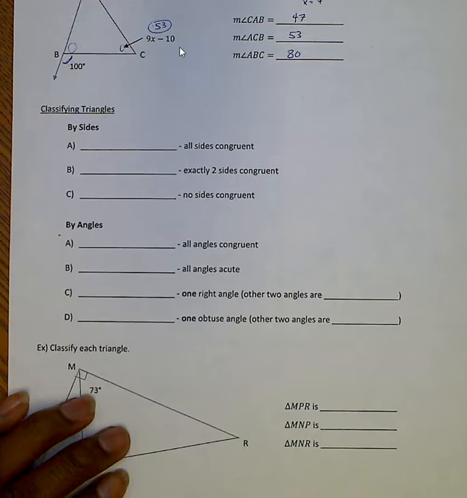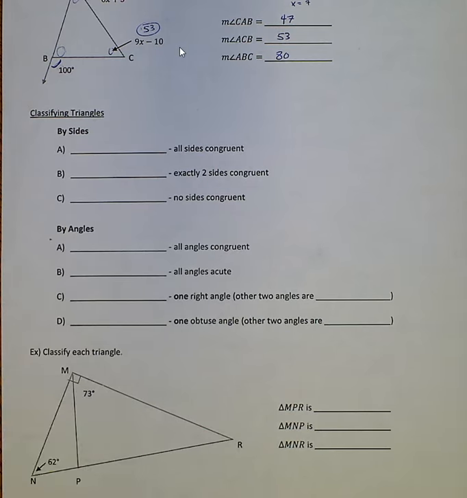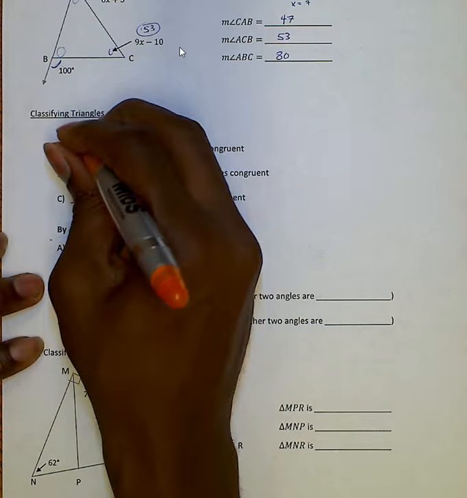All right. Last, now, we are going to make sure that we are able to classify triangles by its sides and angles. So, by sides, here are the different types of classifications for a triangle. If all the sides are congruent, we call it equilateral.